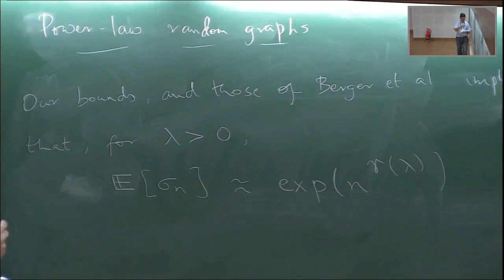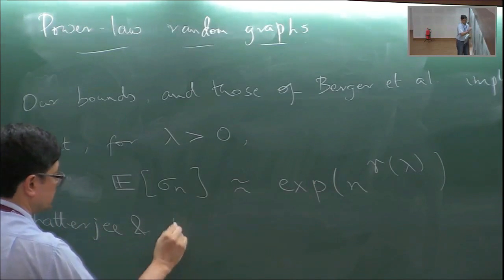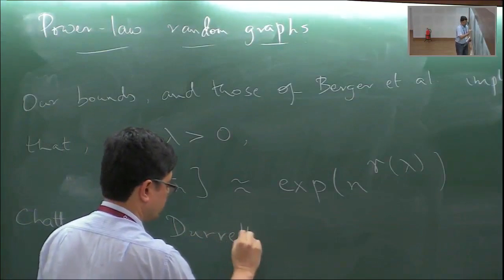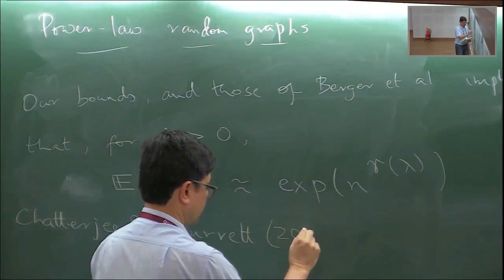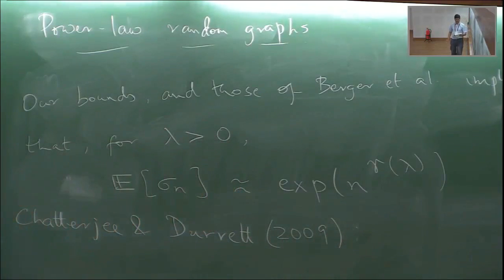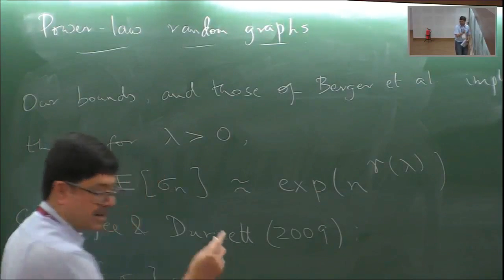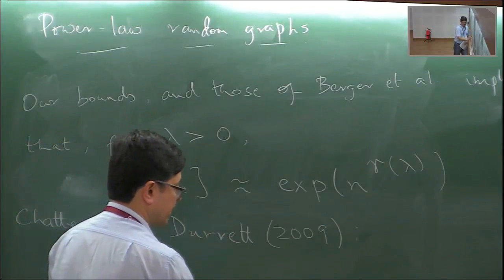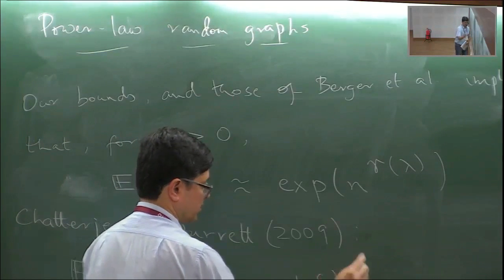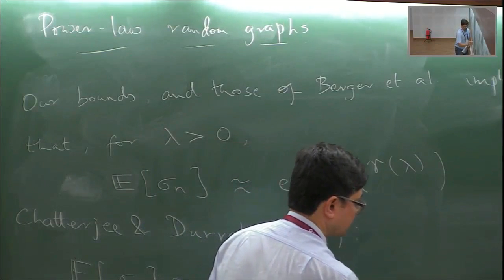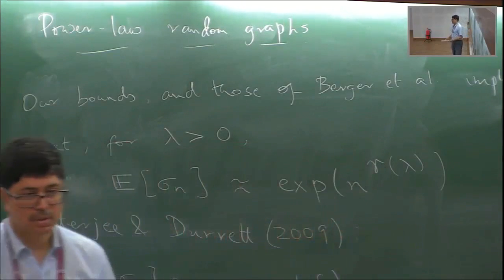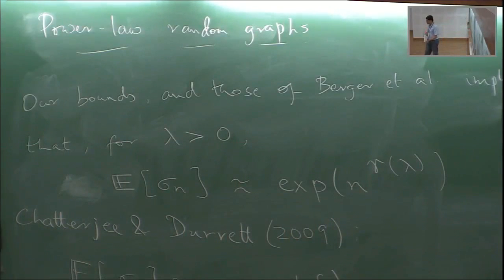This result was improved by Chatterjee and Durrett. And what they showed is that this is in fact very nearly exponential in n and not just in a fractional power of n. So they gave a better lower bound on the epidemic lifetime.